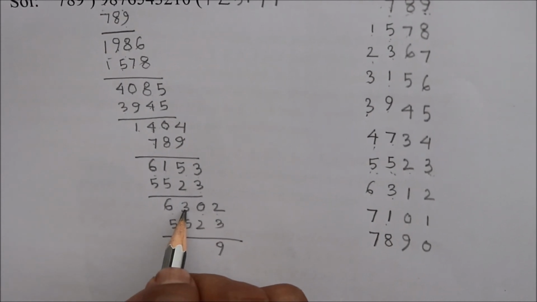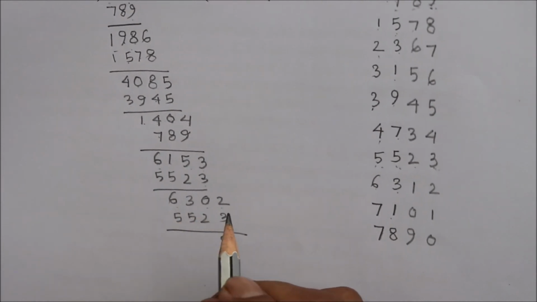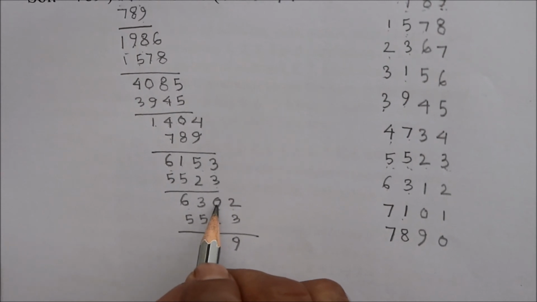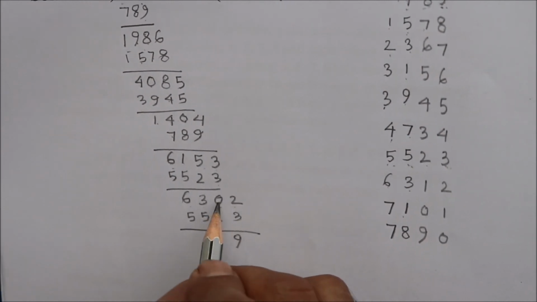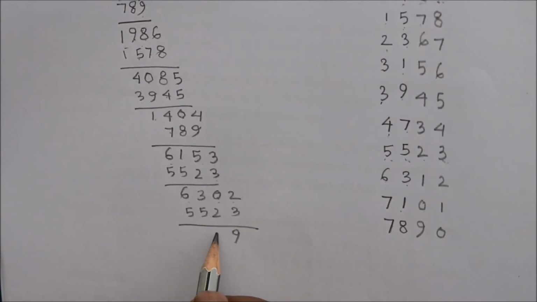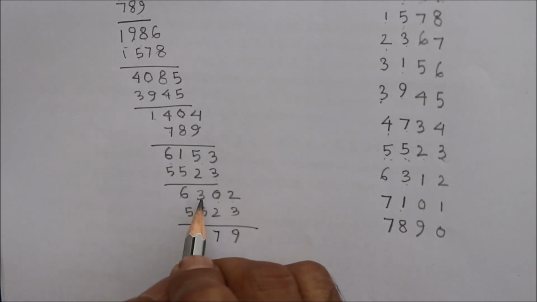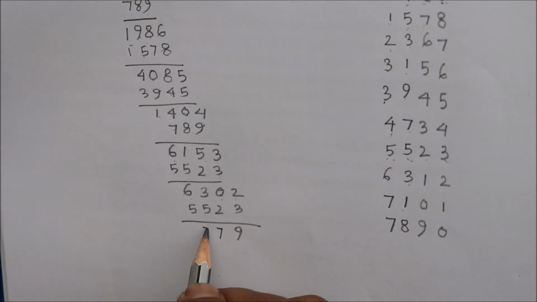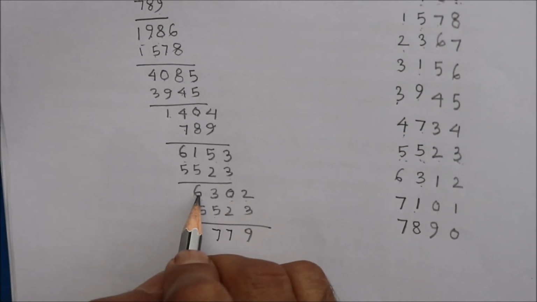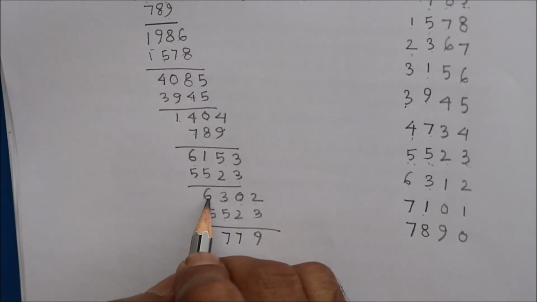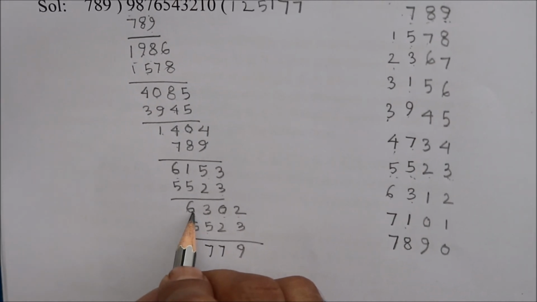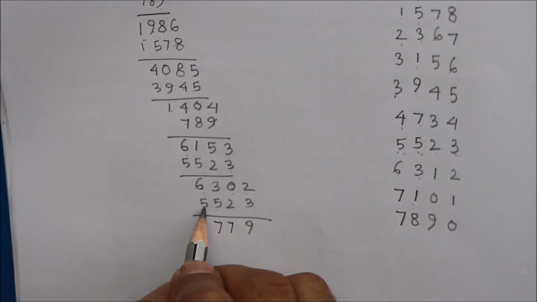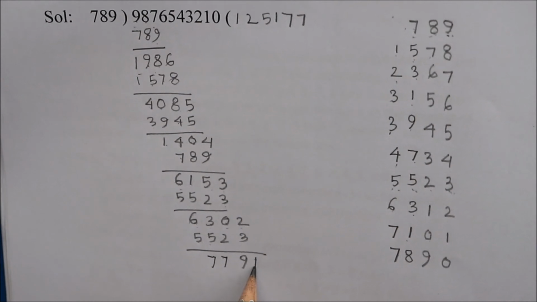Borrow 1 from 3, 0 becomes 10. 10 minus 1, 9. 9 minus 2, 7. 3 minus 1, 2. 3 more, 7. 5 minus 1, 6 minus 1, 5. 5 minus 5, 0. Bring down next digit 1.